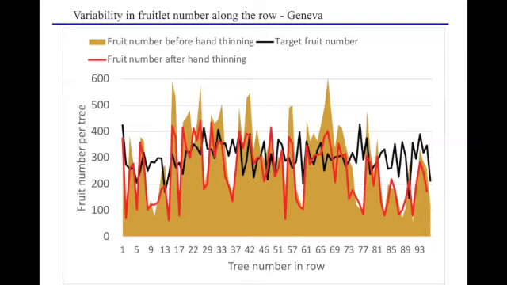But you can see that by just focusing on hand thinning, we ended up with a number of trees that had too low of a crop because the chemical thinning over-thinned them. And some trees still ended up with a few more fruits than we wanted because the hand thinning was not perfect. And humans make mistakes when we tell them, take off 50 apples from that tree. They might take off too many or too few. So that part isn't perfect, but it still illustrates the problem of the variability down the row and why we need georeferencing of every tree.